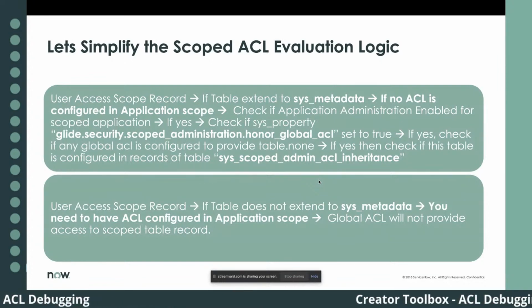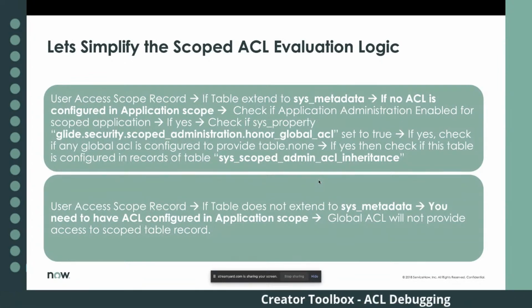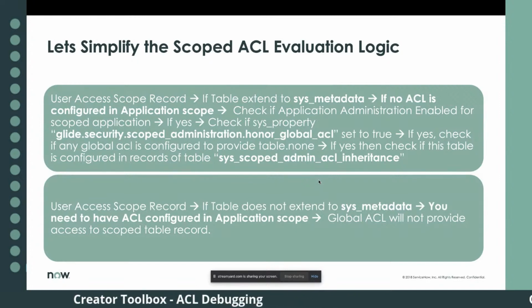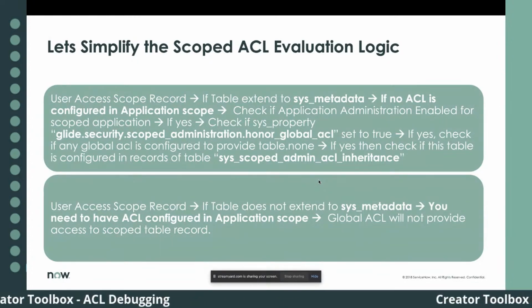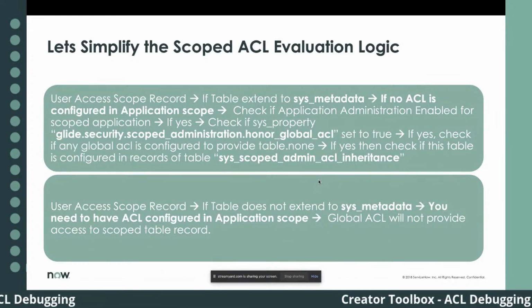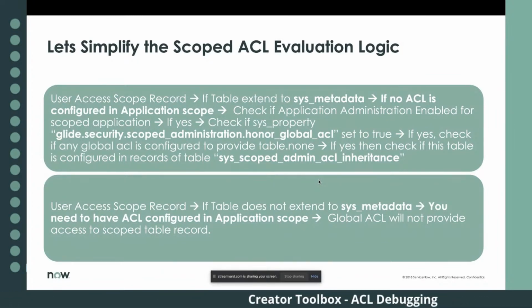So what is the criteria behind it? Whenever you have issues related to the scoped ACL logic, the global ACLs will only evaluate for a certain set of records, and there is a criteria for that.